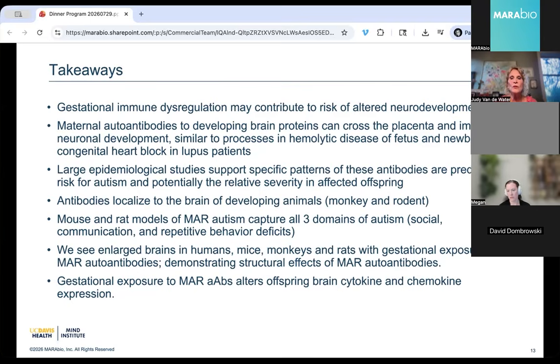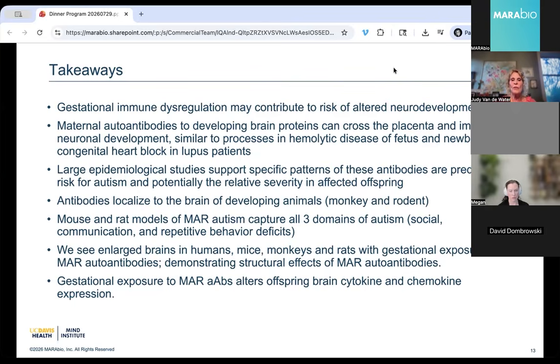They're similar to the processes we see in hemolytic disease of the fetus or newborn, or congenital heart block in the offspring of systemic lupus patients. Large epidemiologic studies support these patterns that we've first demonstrated and now have proven to be specific. These antibodies localize to the brain of the developing animals. We've shown that. They co-localize with their cognate antigen.